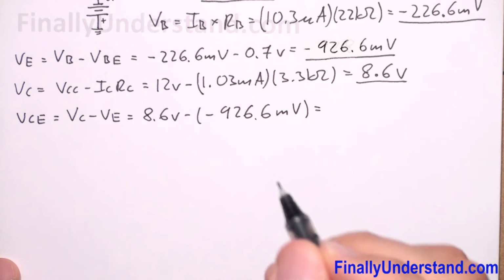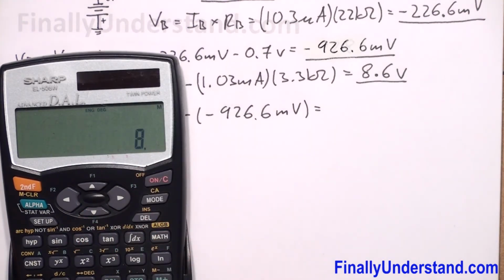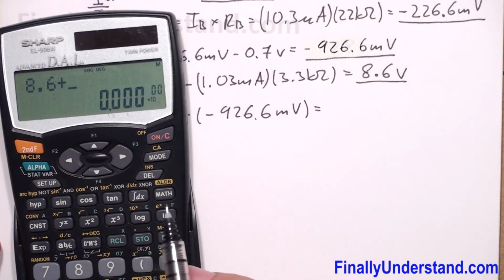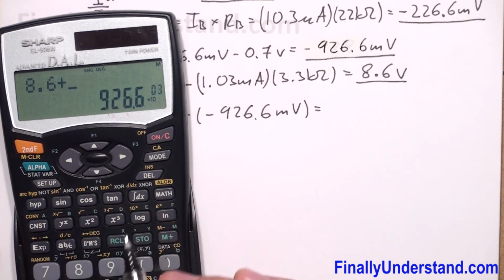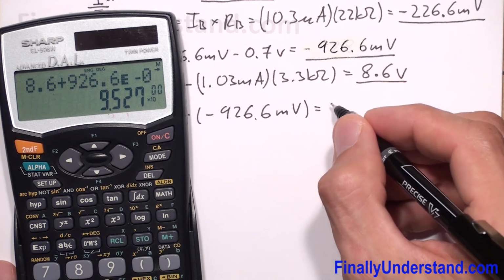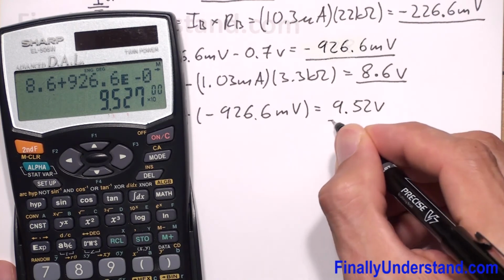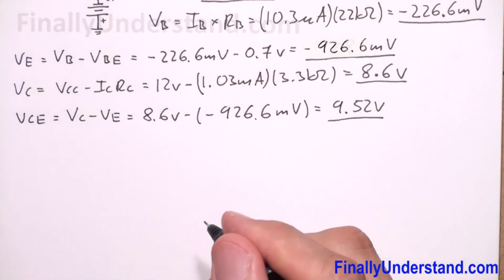So this is 8.6. Negative times negative will give me positive, plus 926.6 exponent negative 3, which is equal to 9.52 volts. So this is the voltage VCE.